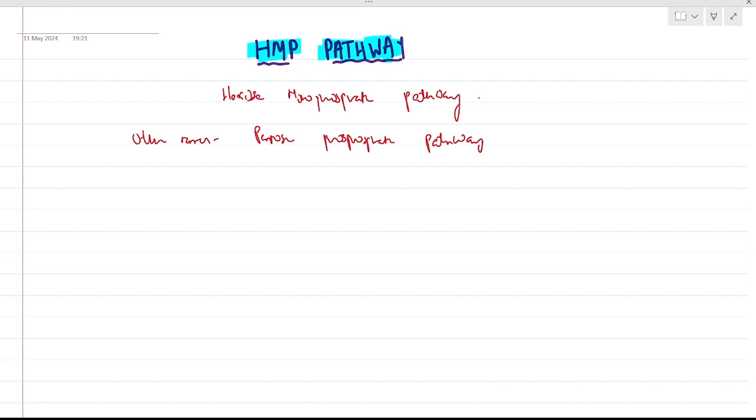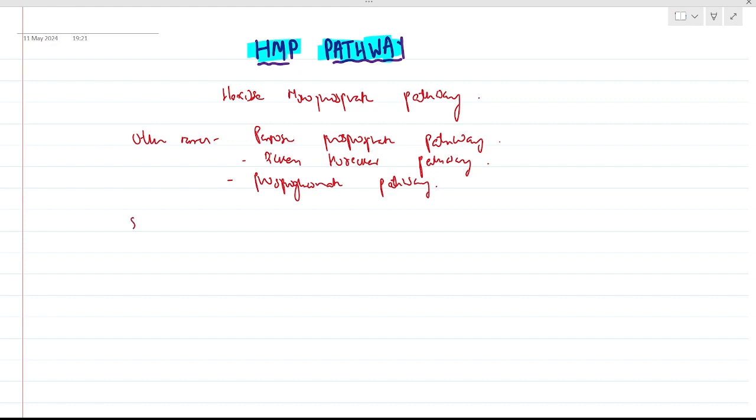Hexose monophosphate or pentose phosphate pathway is also called the Dickens-Horecker pathway. Also called the phosphogluconate pathway. These are the other names here.